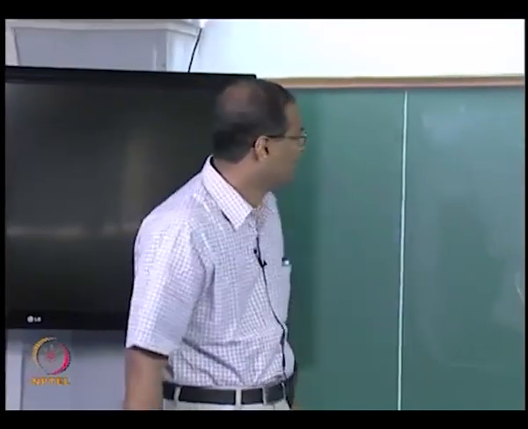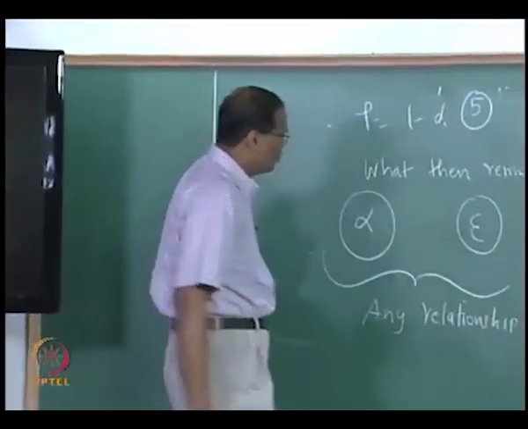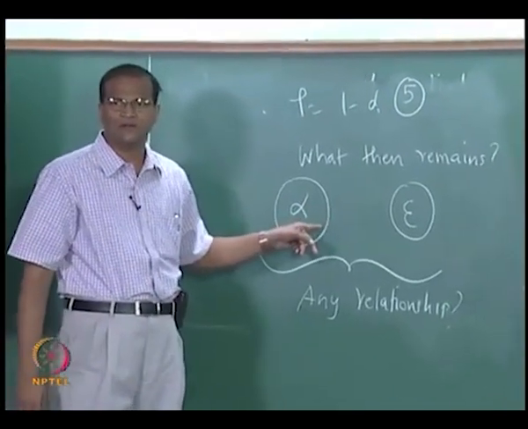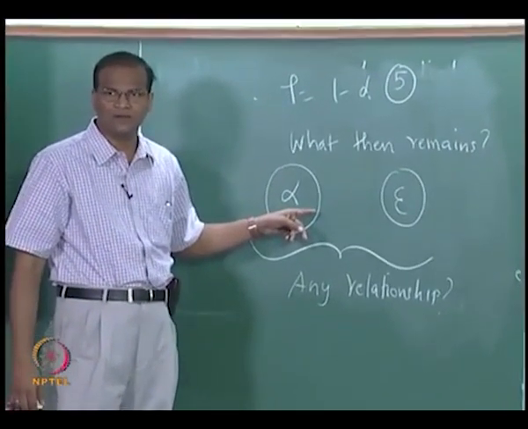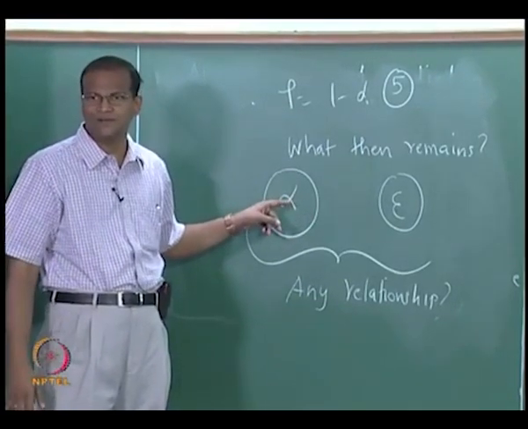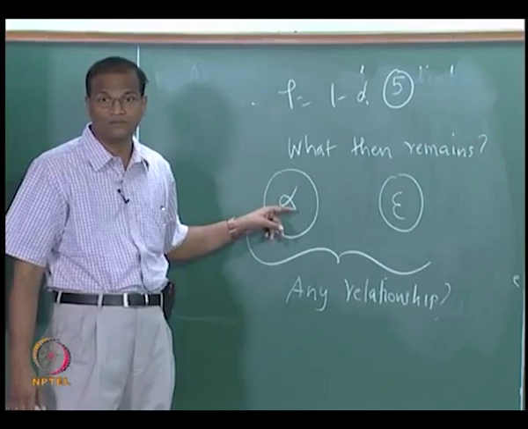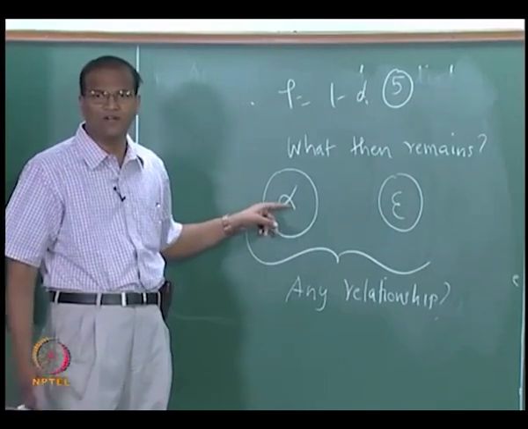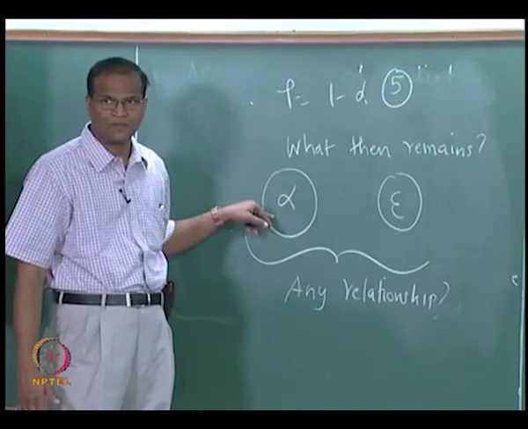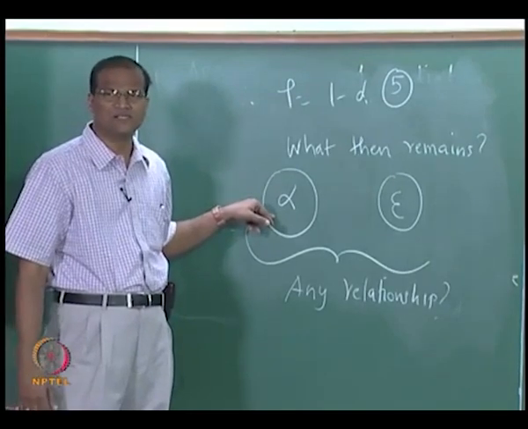Is that okay? Now why do you think there should be a relationship between this and this? Can such a relationship come from theory? That is a black body, but now we are talking about a real surface. Thermal equilibrium is different.